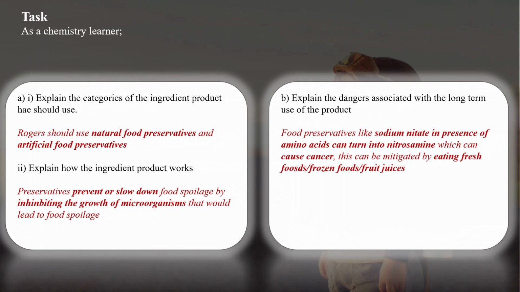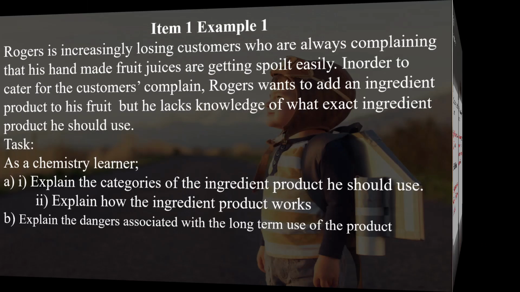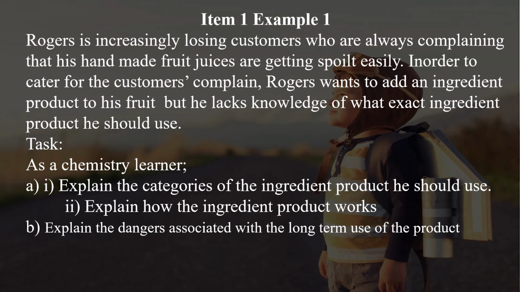When we are explaining the categories of the ingredient product he should use, we say: since Rogers is losing customers because they are complaining that his handmade fruit juices are getting spoiled easily, it means he needs a preservative, right?